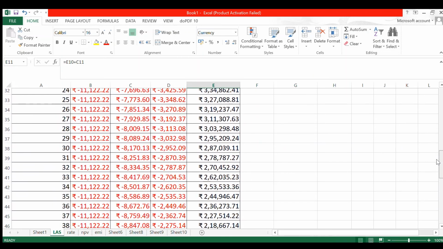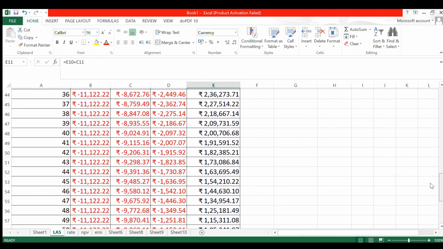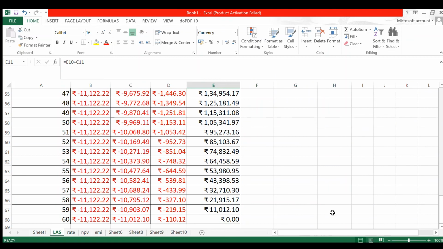At the end of the period, that is the 60th period, 11,012 rupees corresponds to the principal payment amount, and only 110 rupees is going towards the interest payment, and the outstanding balance is 0. That means our loan is completed now. The outstanding balance is 0 now. Loan closed.